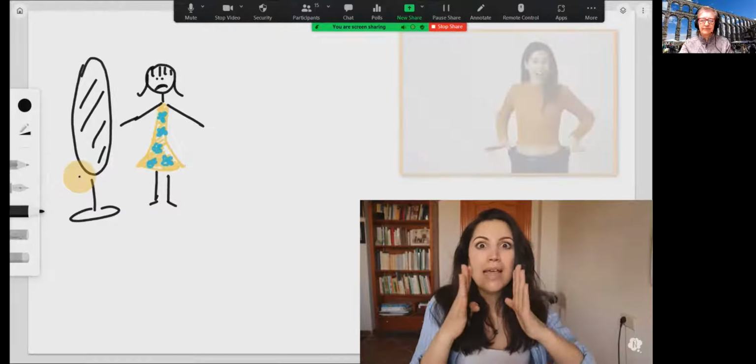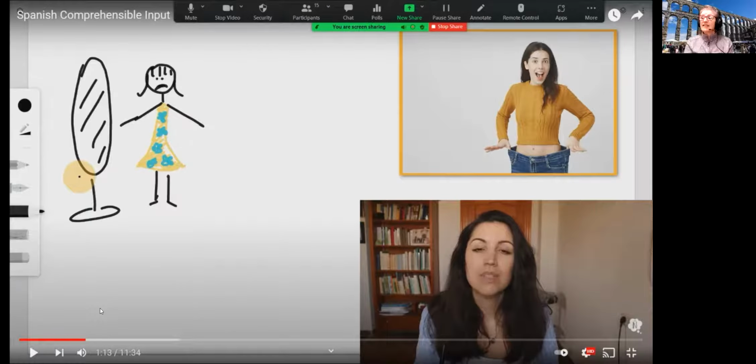Tengo que adelgazar. Tengo que. I have to. I have to lose weight. I have to get smaller. I have to slim down. Adelgazar. I've got to get thinner.